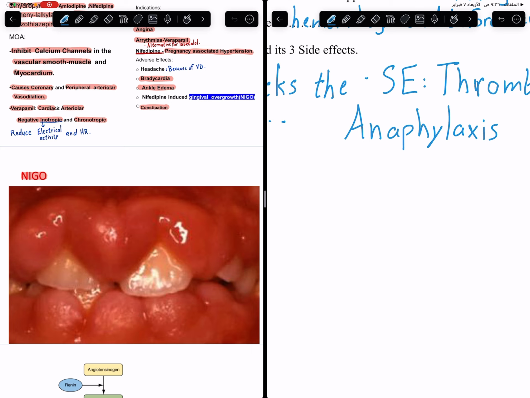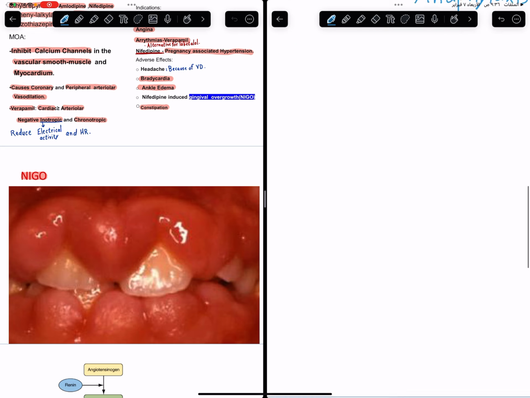In the last lecture, the first portion was antithrombotic, where we discussed anticoagulants like warfarin and heparin, antiplatelets like aspirin and clopidogrel, and streptokinase, a fibrinolytic. No question from that.